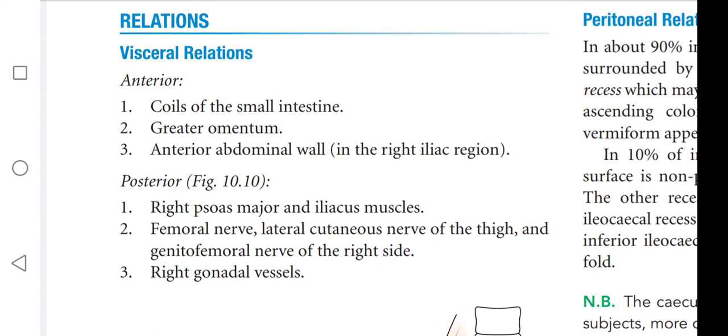The other two nerves are the lateral cutaneous nerve of thigh and the genitofemoral nerve of the right side.